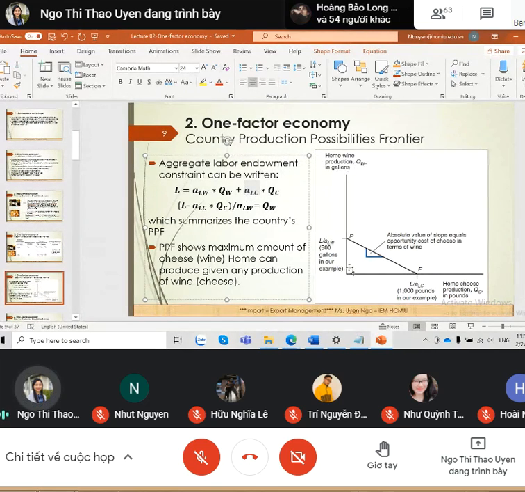And look at the graph here. We want to transform the function into the form of y and x. Assume that this is the y-axis, this is the x-axis. Then QW, the quantity of wine, we need to take out to make it y, and QC, the quantity of cheese, is x.